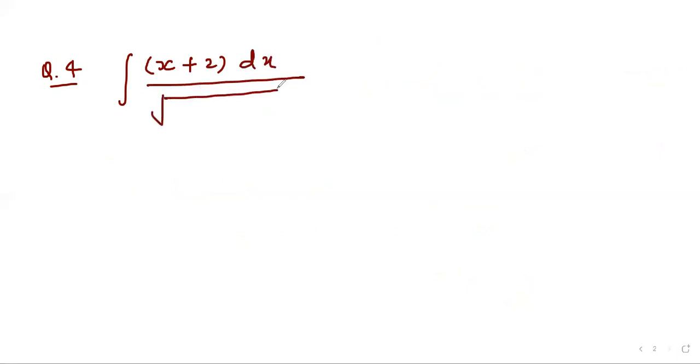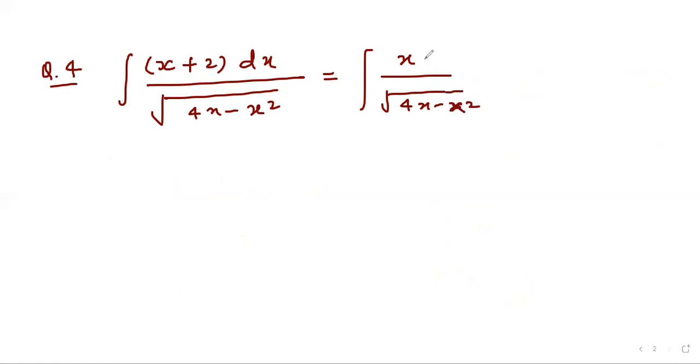Question number 4. Question 4 says integration (x plus 2) dx divided by root of 4x minus x square. Here we write x plus 2 as (x minus 2) plus 4.